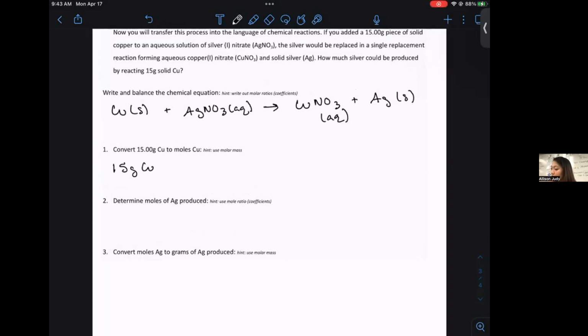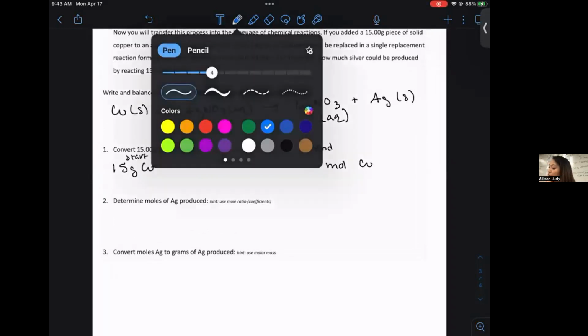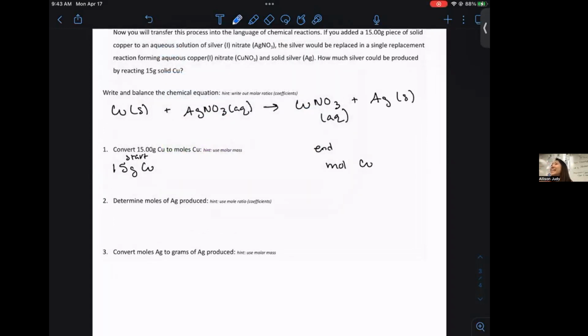So then I say, okay, I start with 15 grams of copper and I want to get to moles of copper. To go from grams to moles of the same thing, I'm going to use molar mass. So what's my molar mass of copper? For every 1 mole of copper, I have 63.5 grams of copper.